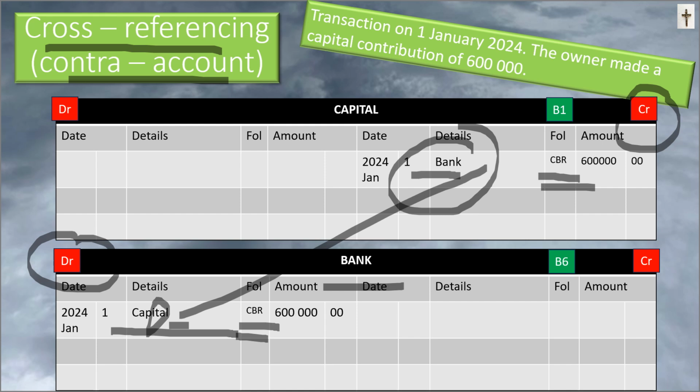There's a cross-reference between the two accounts that were affected by the transaction. That was quite a mouthful, but I think with my illustration you will see, and you can put it into your own words, what I mean, but you understand what is cross-referencing. So these accounts have been cross-referenced by filling in the contra account under details.